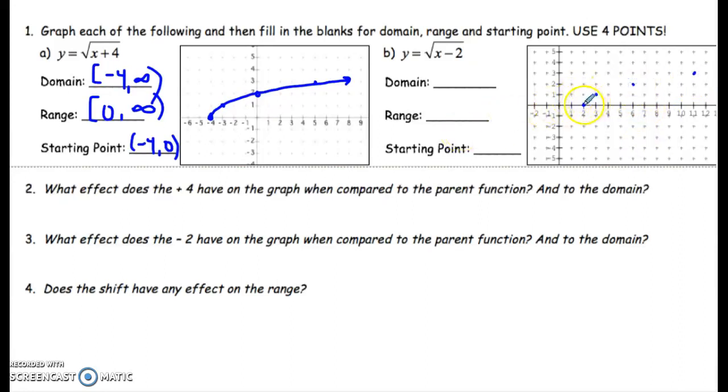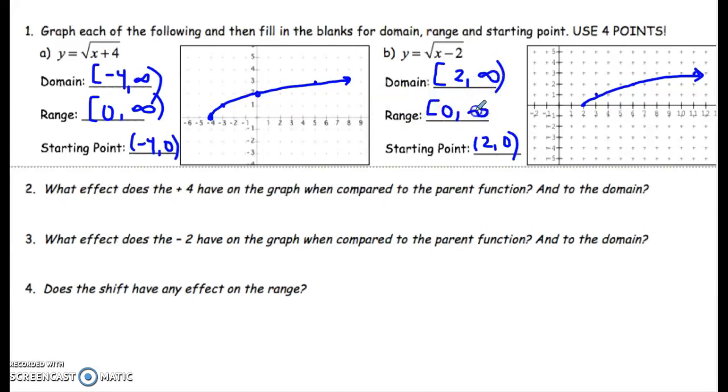So if I go ahead and draw this graph in, notice we have our starting point, but it is now over at 2, 0. And so if I draw my square root function, it's going to continue forever in that direction. My domain is now going from 2 until infinity, and my range stayed at 0.